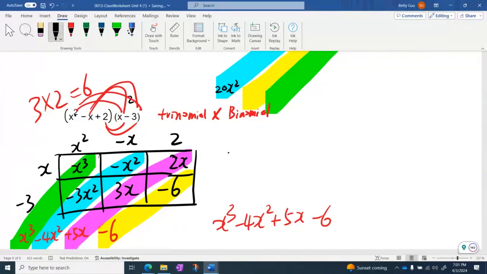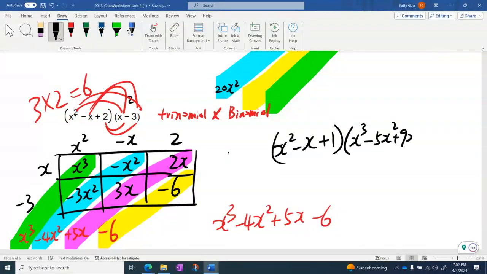For example, if we have a trinomial, x squared minus x plus 1, times x cubed minus 5x squared plus 9x plus 10. If we are multiplying a trinomial by a polynomial with 4 terms, you need to know the trinomial has 3 terms, the second polynomial has 4 terms, 3 times 4 is 12.